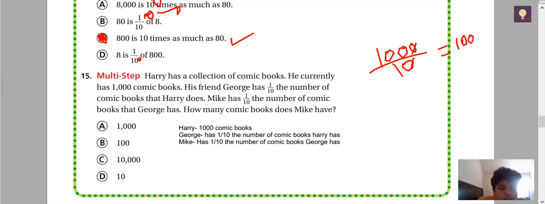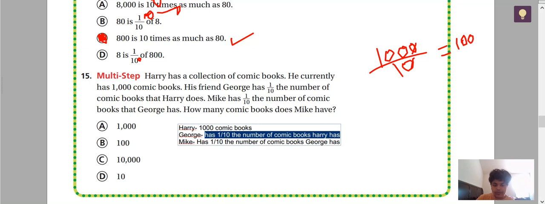So George has 100 comic books. And now that we know that George has 100 comic books, we can figure out how much Mike has, which is the answer to what the question is asking us. How many comic books does Mike have?